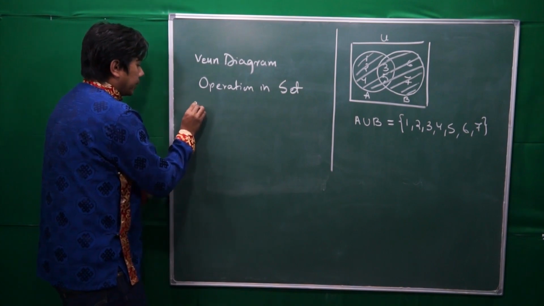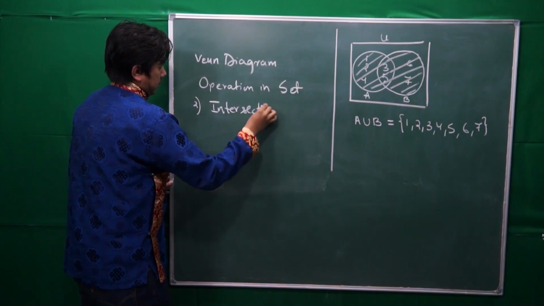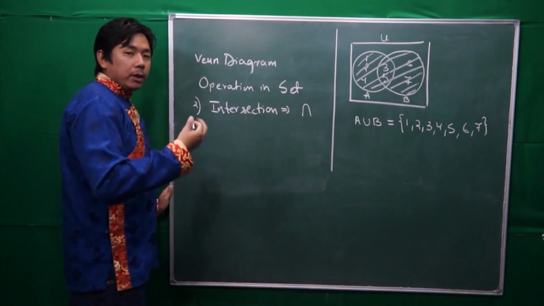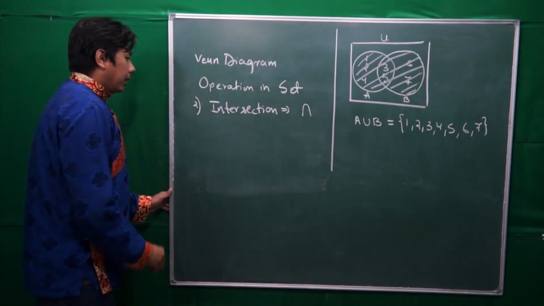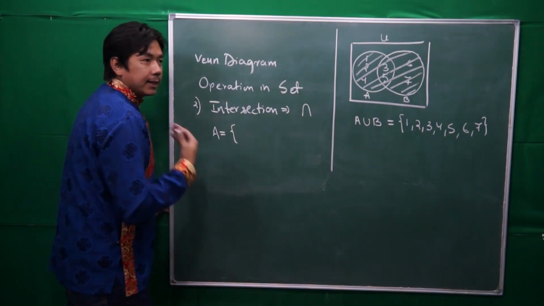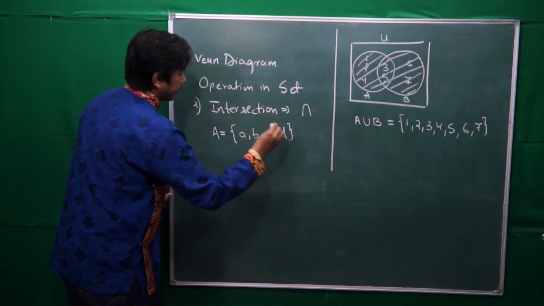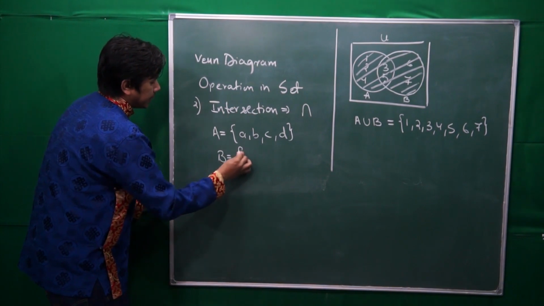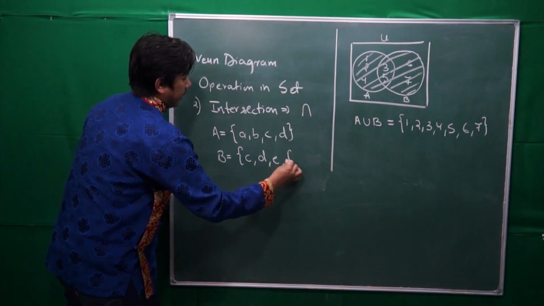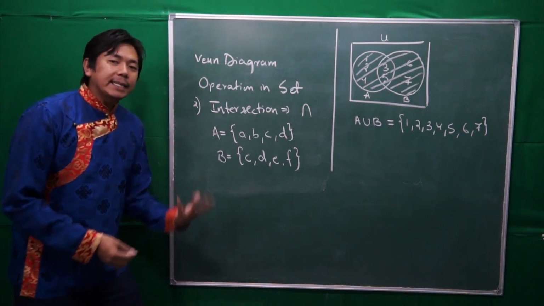The second operation is intersection, and it is represented by an inverted U. Now I've got a set A, and let's say it has the elements A, B, C and D. Similarly, set B has the elements C, D, E, F. Now what happens in intersection?